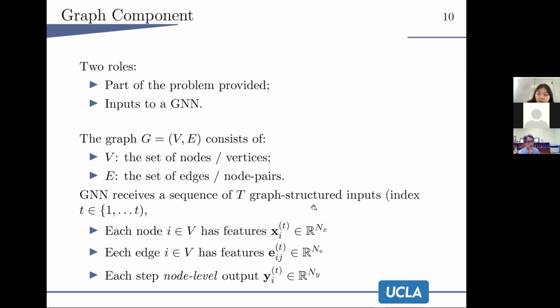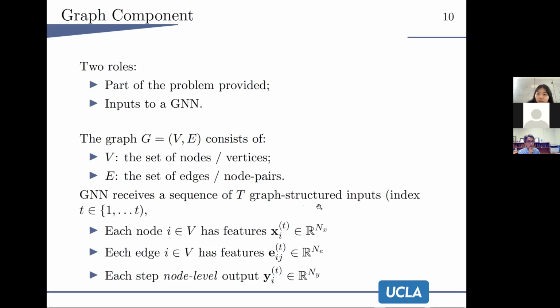For example, if we consider the reachability problem, and we want to compute which nodes are reachable on a graph, in the first step we only mark the adjacent nodes, the neighbor nodes, as reachable, and in the second step we merge the two-hop neighbors as reachable, and this is the so-called sequence.